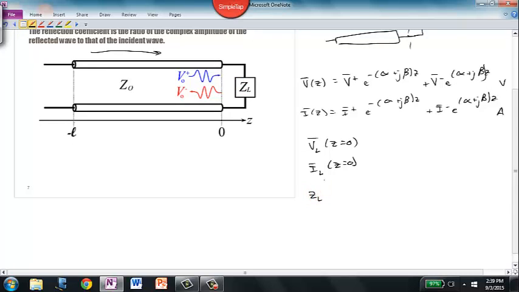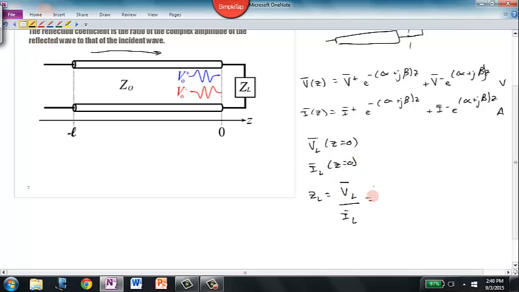So by definition, the load impedance ZL has to be equal to the load voltage divided by the load current. So if we were to plug z equals 0 into this equation and this equation, we would get ZL here.